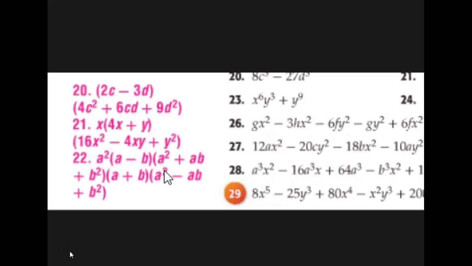So you had to actually do it twice. So you had a minus b, a squared plus ab plus b squared, and a plus b, a squared minus ab plus b squared. You could have also recognized a difference of squares and then factored it as two quadratics.